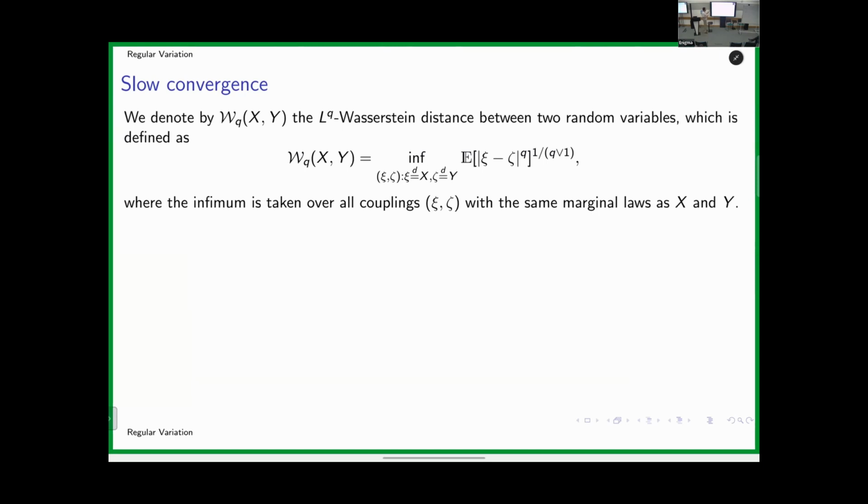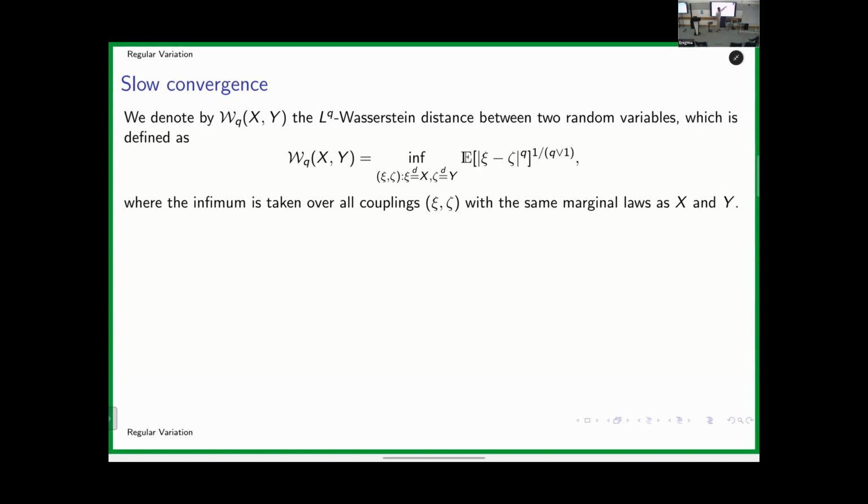Let me first introduce it. I will denote by WQ(X, Y) the LQ-Wasserstein distance between two random variables X and Y. Even though it's written in terms of X and Y, it's really the distance between their laws. It's defined as the minimal possible distance in LQ.